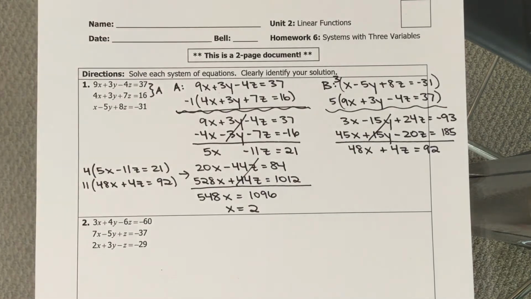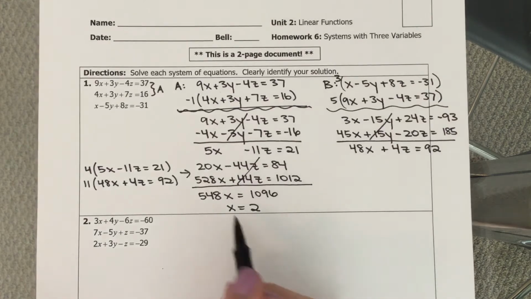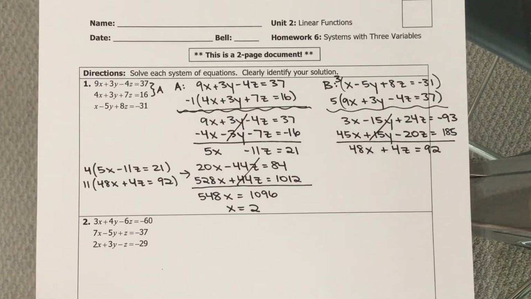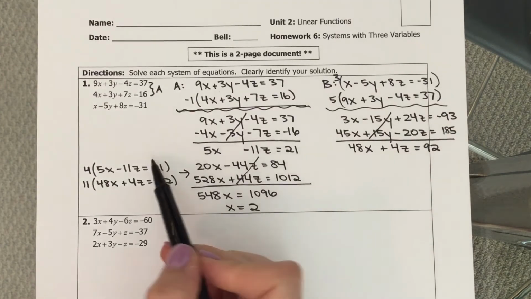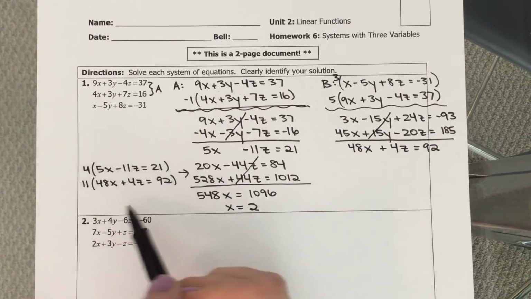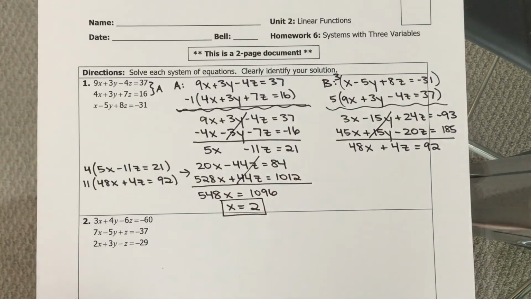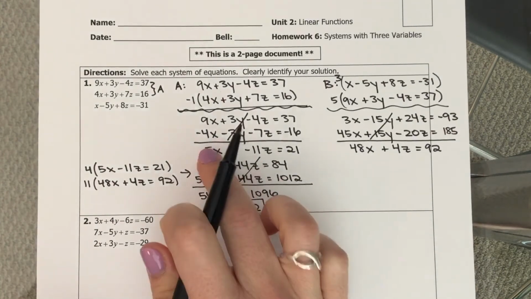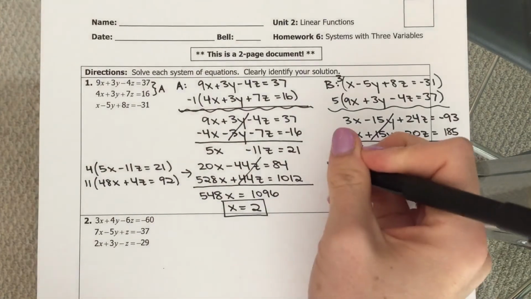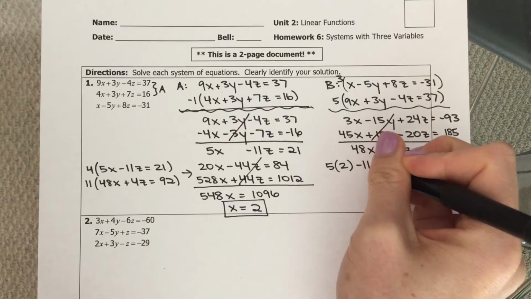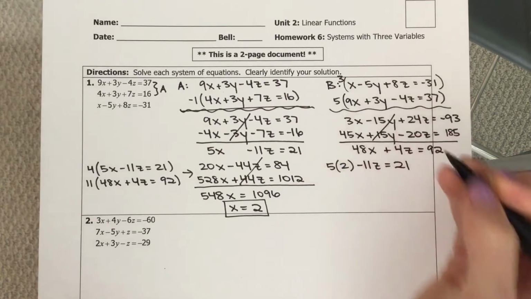Okay, as soon as you get the first one, the worst part of it is over. So then you can take this 2 and you can sub it in either to this equation or to this equation and solve for z, just like you were solving a system with just 2 equations right here. Okay, so I've got one of my variables. I'm going to go ahead and plug this into this equation and solve for z. So I have 5 times 2 minus 11z is equal to 21.